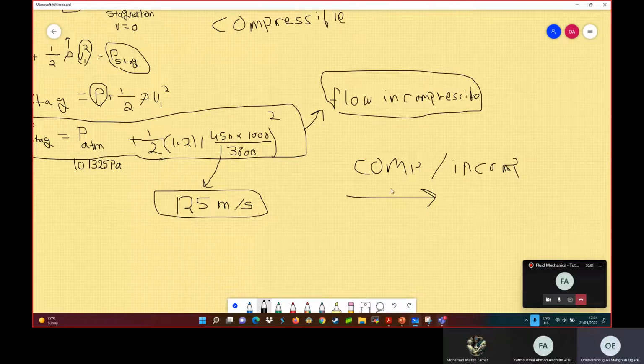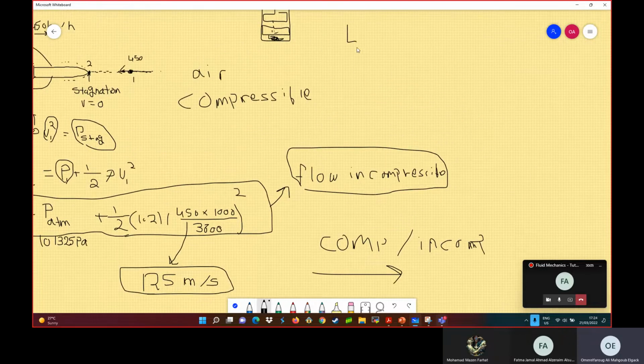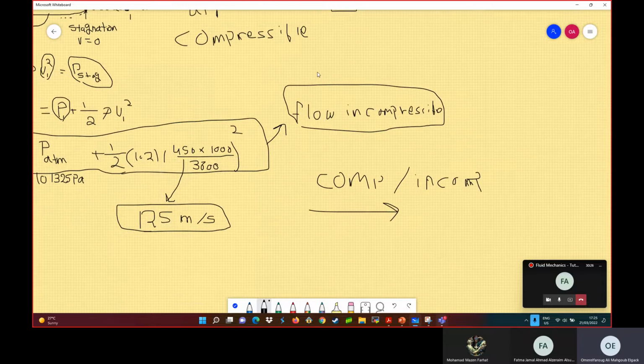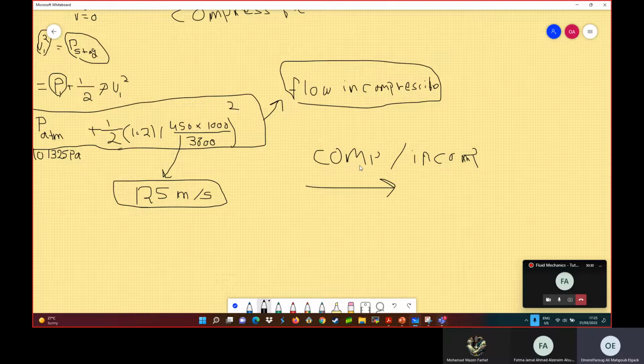If you have water, water is an incompressible fluid. You can barely move the piston, like barely millimeters, to compress the water. So in general, we say water is incompressible, and therefore the flow of water will always be incompressible. But air is compressible, and the flow will be either compressible or incompressible. How can I differentiate?